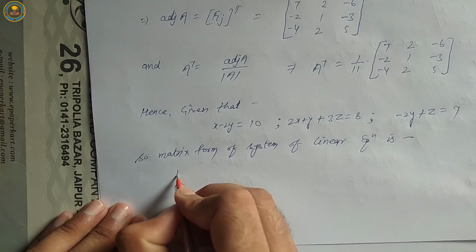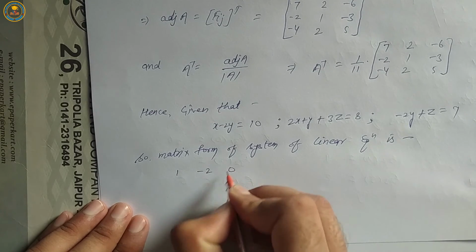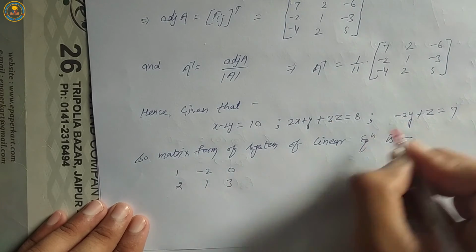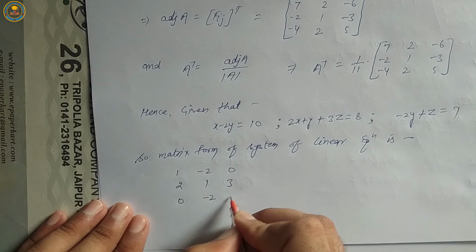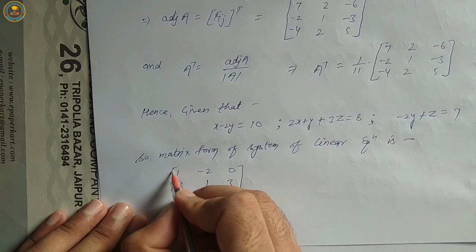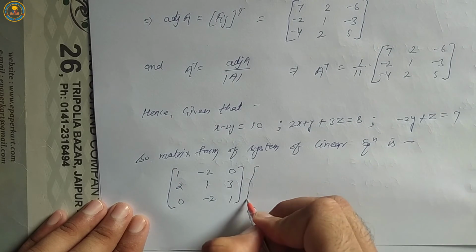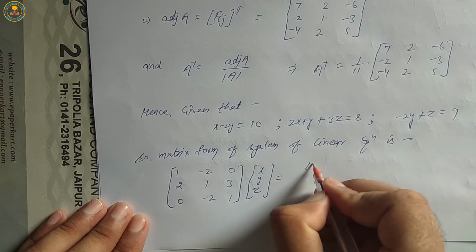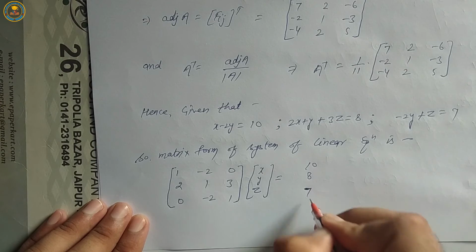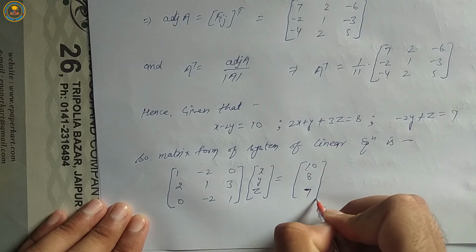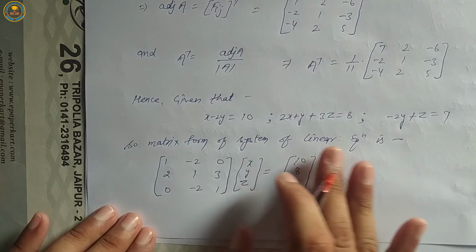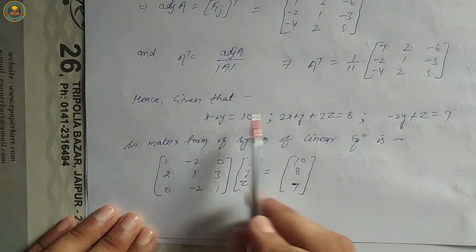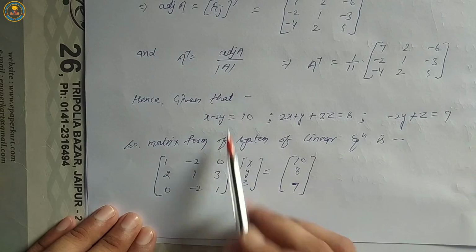1 -2 0, 2 1 3, 0 -2 1, into x y z is equal to 10 8 7. Okay, matrix form of the system of linear equations: coefficients of x y z are 1, -2, 0.